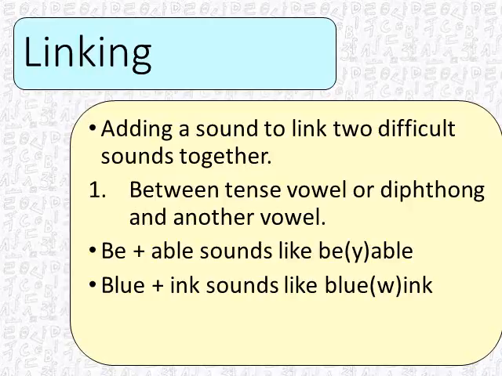Wa. So that is a natural form of a link between "oo" and the next vowel sound. So, for instance, it would sound like "blue wink," not "blue ink." You can't say blue ink without a complete stop in the middle.